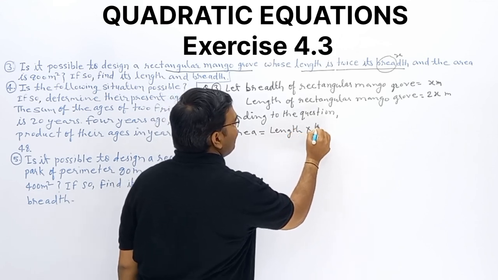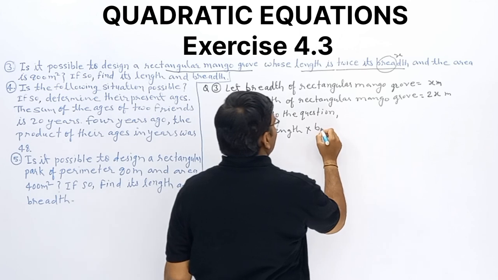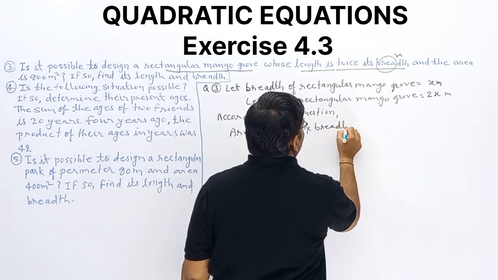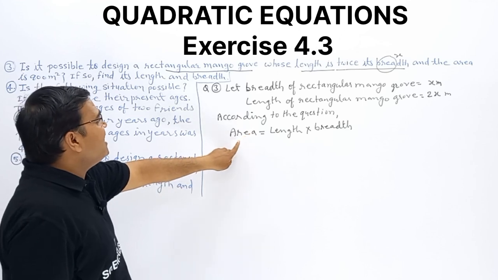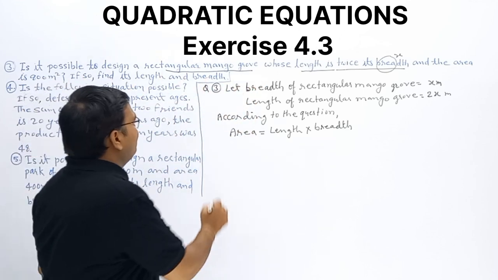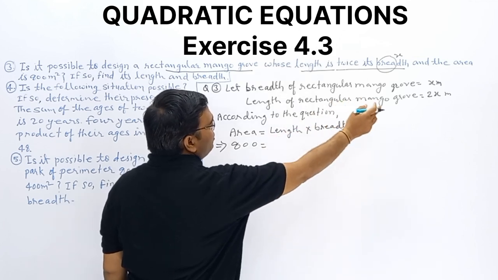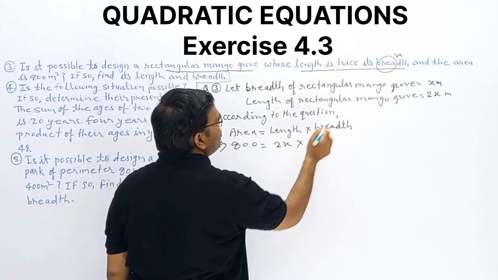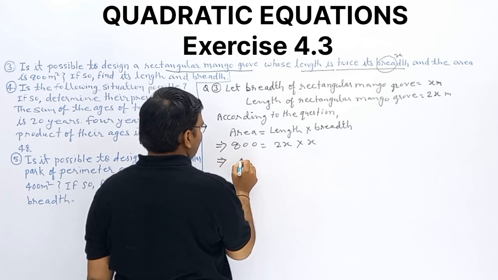Area of a rectangle is length into breadth. Area is given in the question, 800. So 800 should be equal to length, which is 2x, into its breadth, which is x. Solve this one.